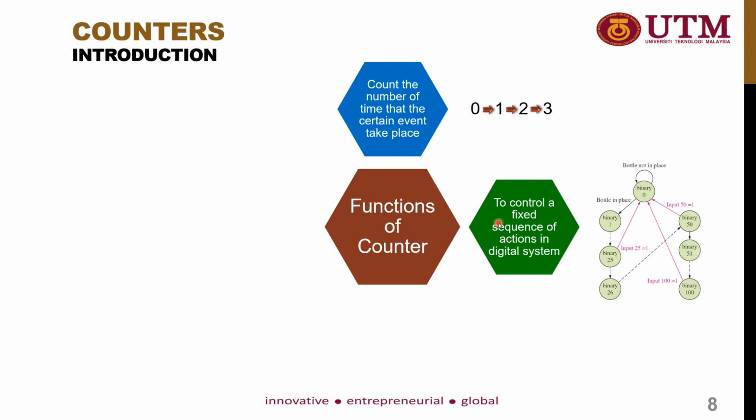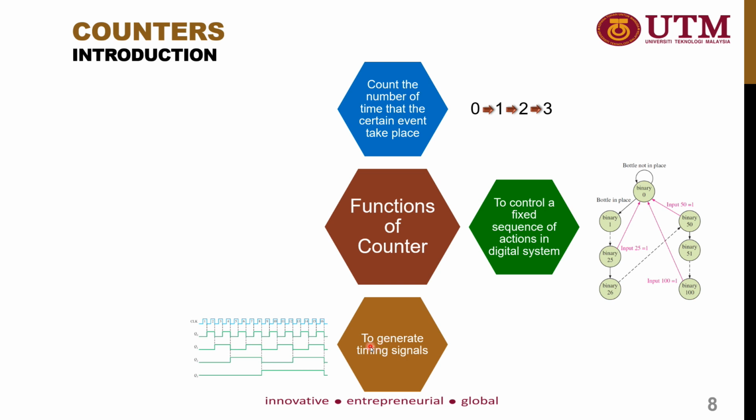Next is to control a fixed sequence of actions in a digital system. For example, if you want to design a system where you have a total of 3 different LEDs, and you want the LEDs to have a fixed sequence, in order to do that you need to use a counter.